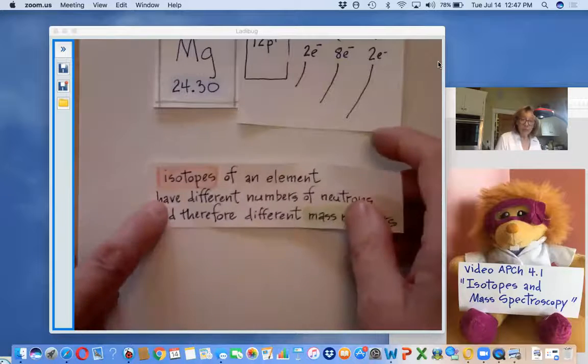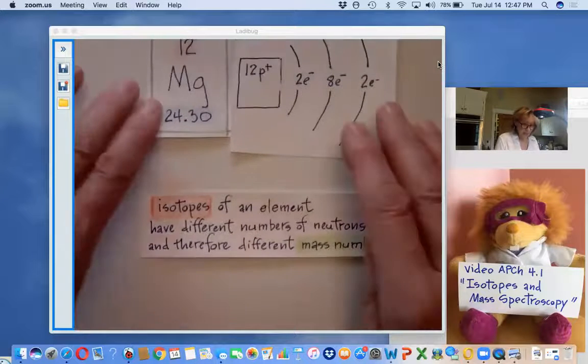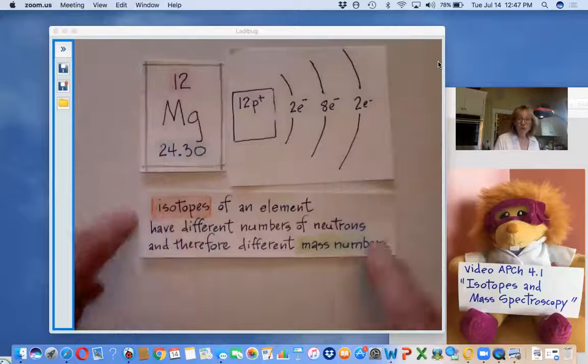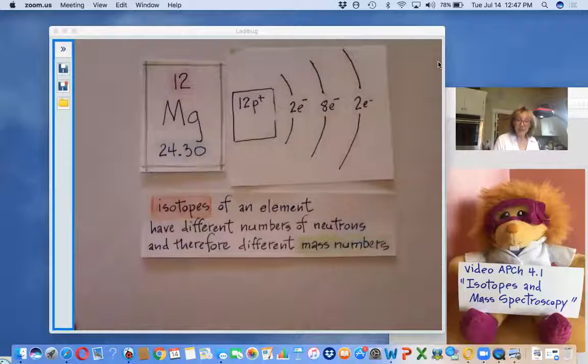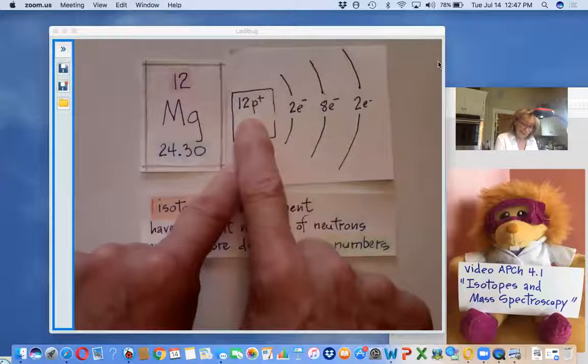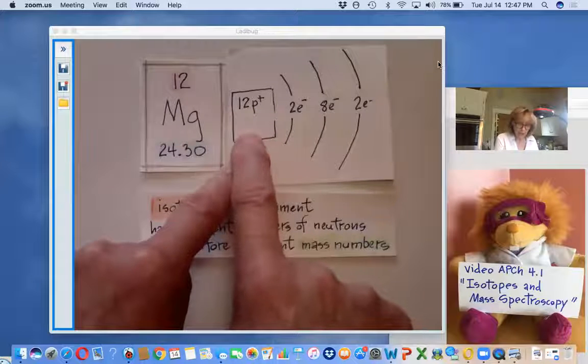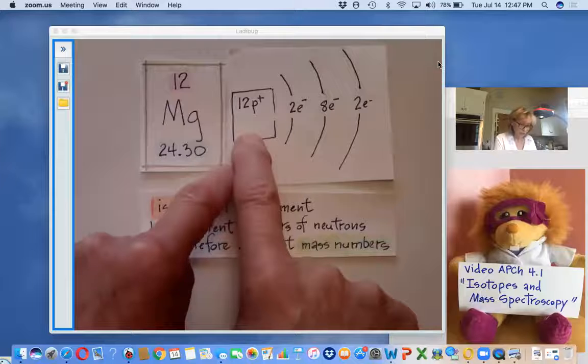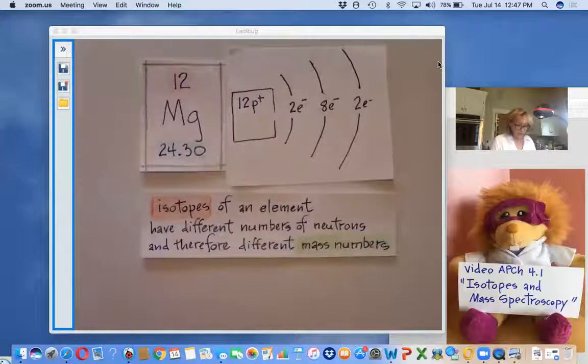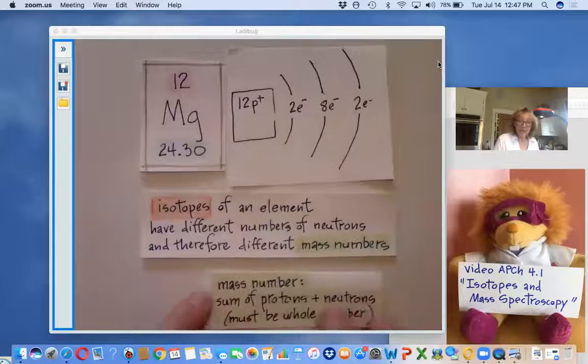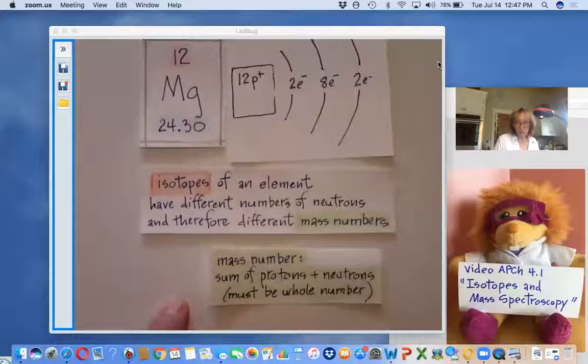So isotopes of an element have different numbers of neutrons and therefore different mass numbers. Within this nucleus of magnesium, where there are 12 protons, there might also be 12 neutrons. And that would give a mass number of 24.